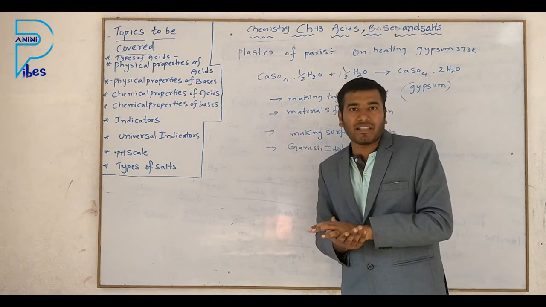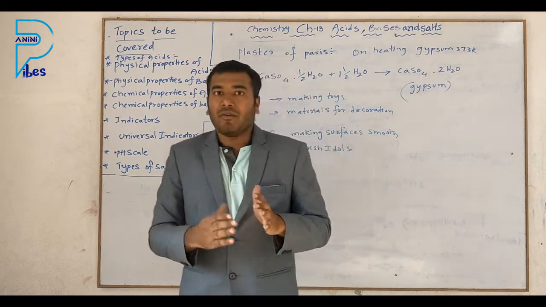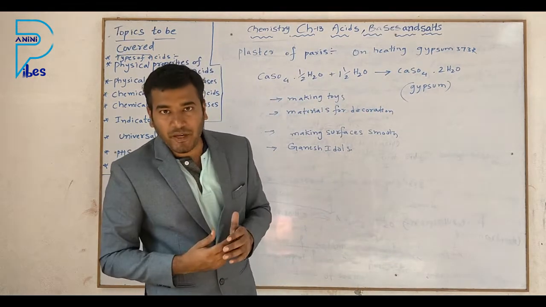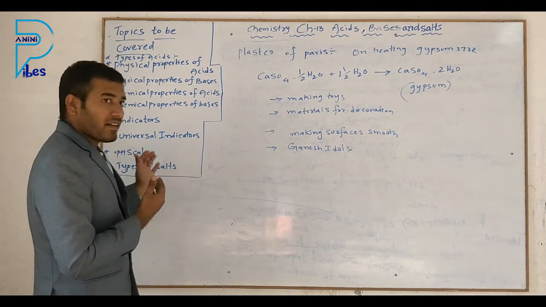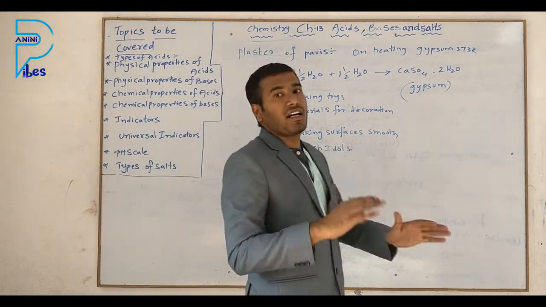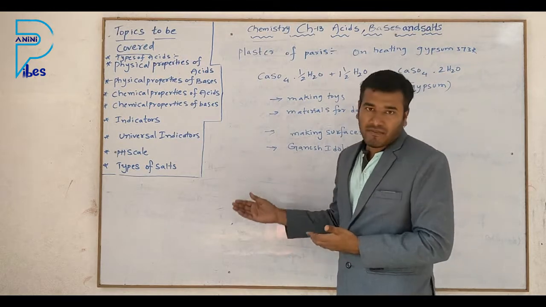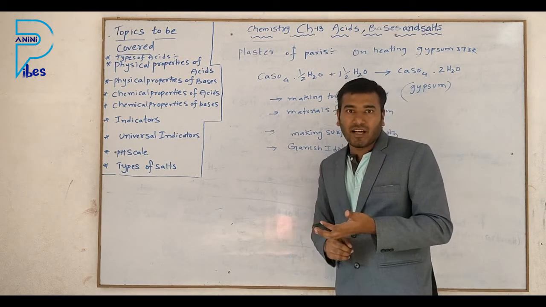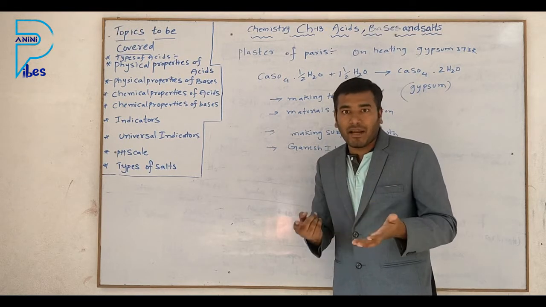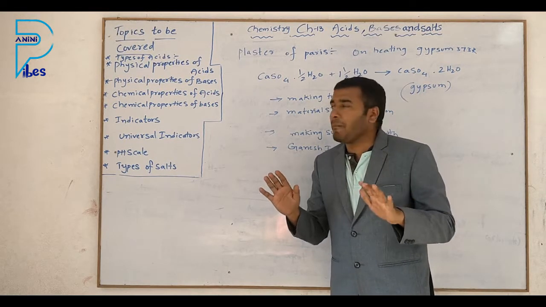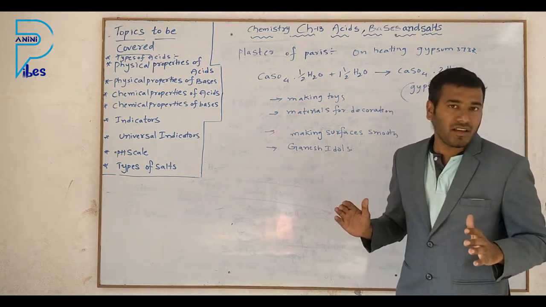Universal indicator, pH scale, total 0 to 14 points of the pH scale, VIBGYOR colors in the pH scale. Next, who discovered the pH scale? These are all covered. Next, types of salts: bleaching powder, baking soda, sodium chloride, sodium carbonate, sodium bicarbonate. These are all topics we covered in this session. Thank you.